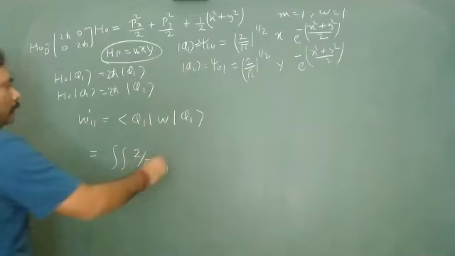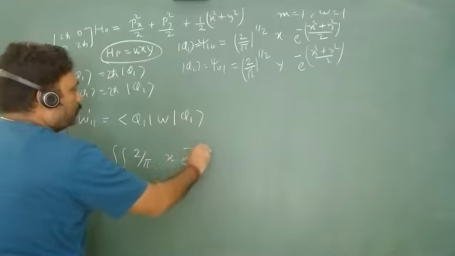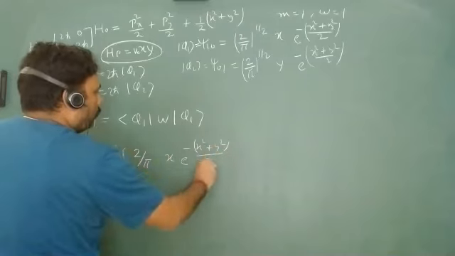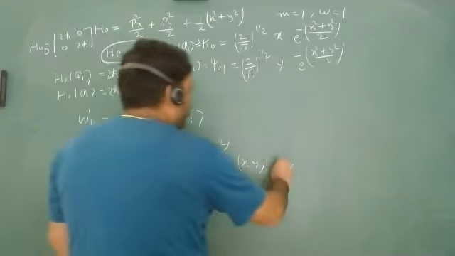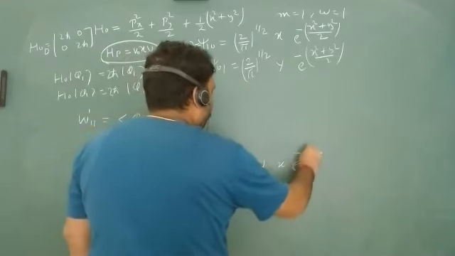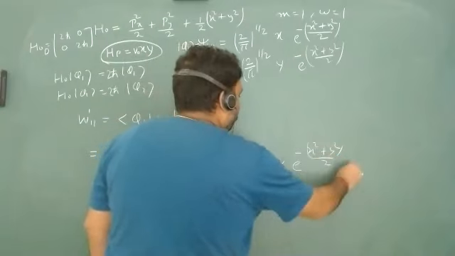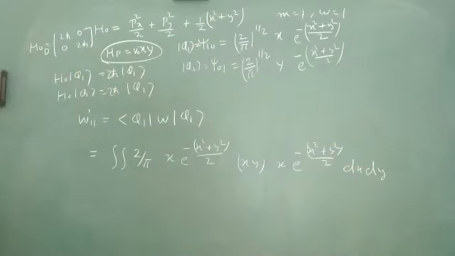And this will be x e to the power minus (x square plus y square) upon 2, and this will be xy, and here is x e to the power minus (x square plus y square) by 2 dx dy, isn't it?